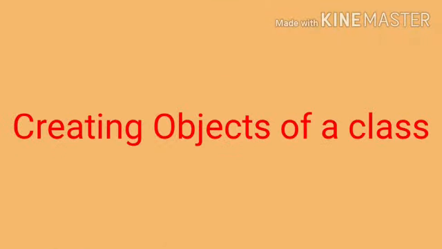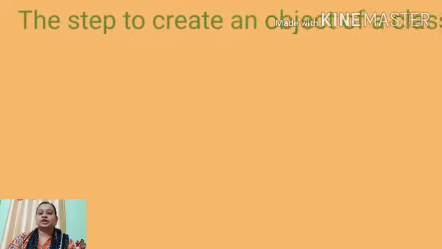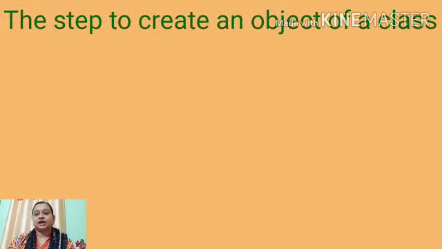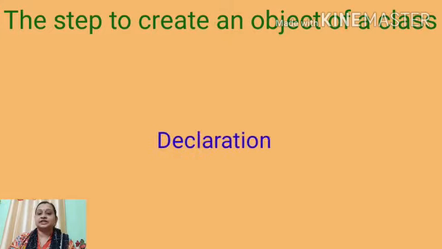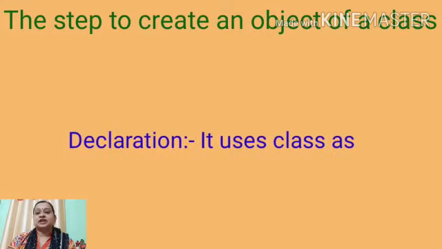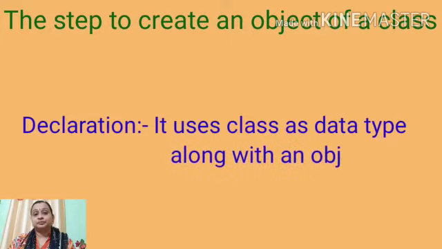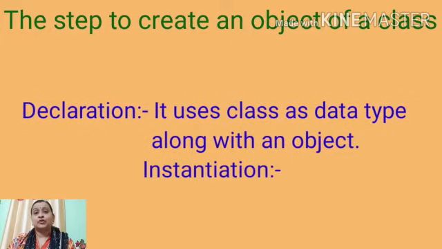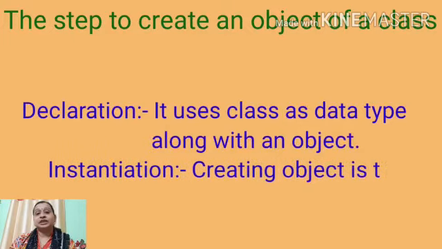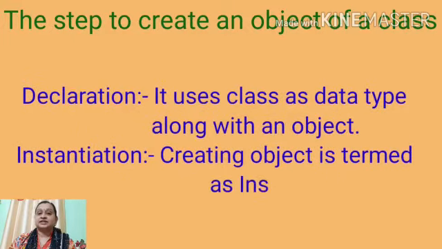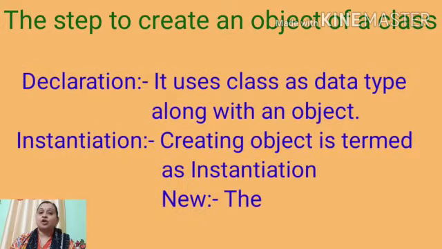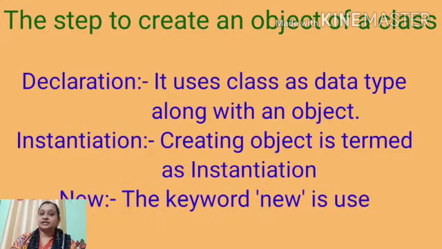Creating objects of a class. Steps to create an object of a class. First is declaration. It uses the class as a data type along with an object. So you can see first the class name, then the object. Next is instantiation. Creating an object is known as instantiation.